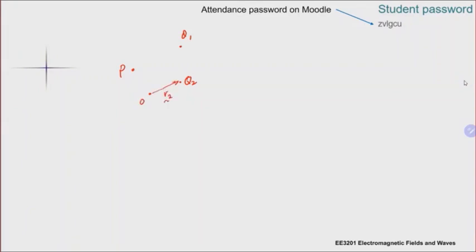So I have R2, R1, and this will be R3. This is where our charge is, and then we define our vector from the charge to the point of interest. So this will be a vector Q1P.